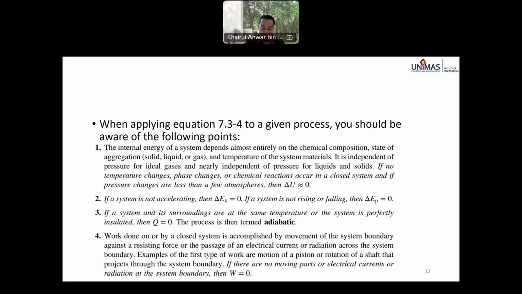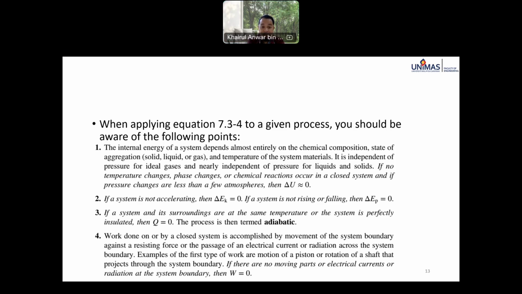So three factors influence internal energy: composition of the chemical, the state of aggregation, let's say liquid, solid, or gas, and the temperature of the system. It is independent of pressure for ideal gases and nearly independent of pressure for liquids and solids. So if no temperature changes, phase changes, or chemical reaction occur in a closed system, and if the initial pressures are less than a few atmospheres, then delta U is approximately zero.